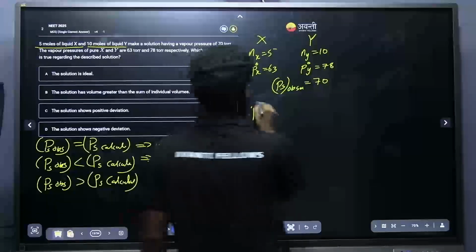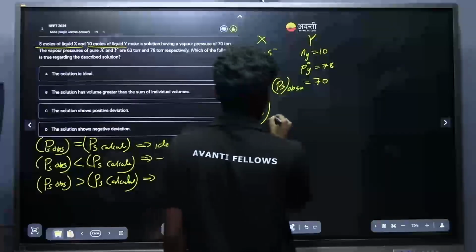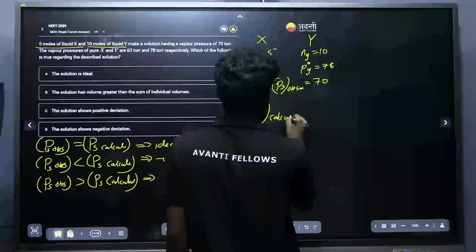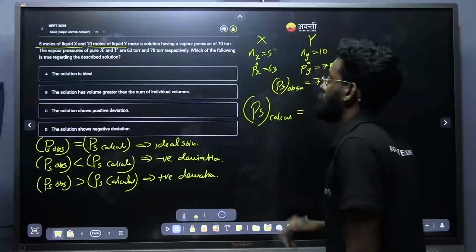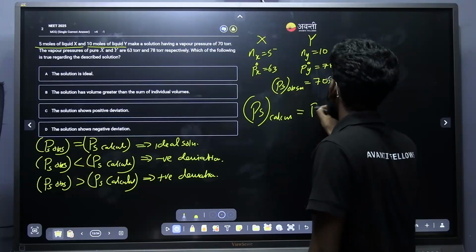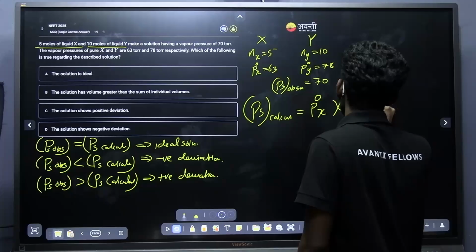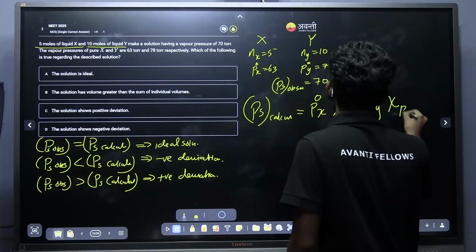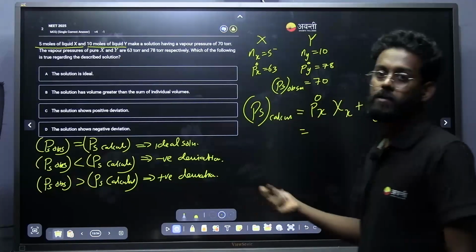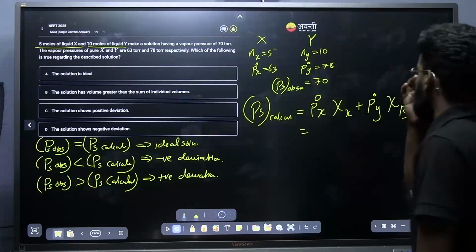We have to calculate the total pressure PS according to Raoult's law equation. According to Raoult's law, PS is equal to P0 X chi X plus P0 Y chi Y, right? That is PA plus PB, or PX plus PY.